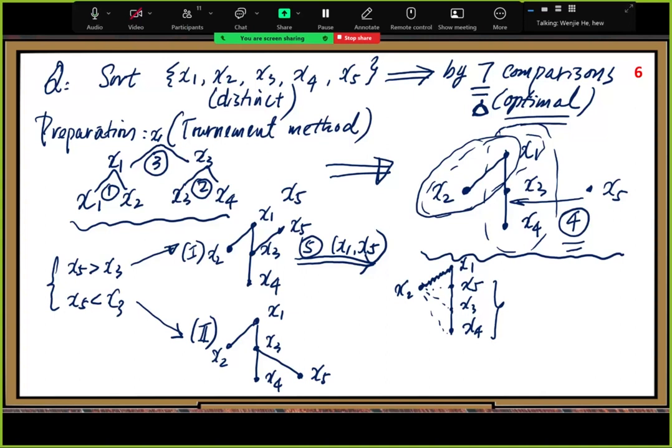now at this point, we used 5 comparisons. 2 more to go. Remember, the goal is 7 comparisons. With 2 more comparisons, we should put all elements in place. Do you think after 2 comparisons, we can put x2 in place?